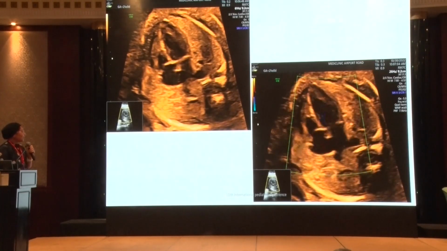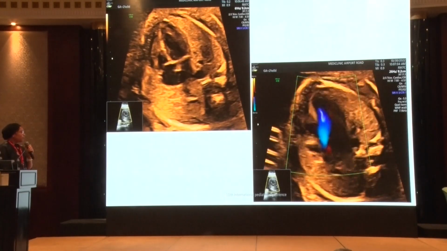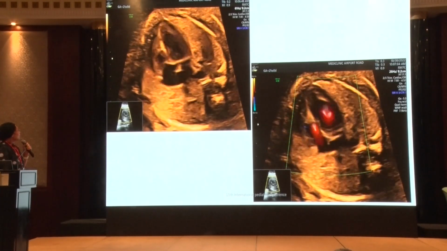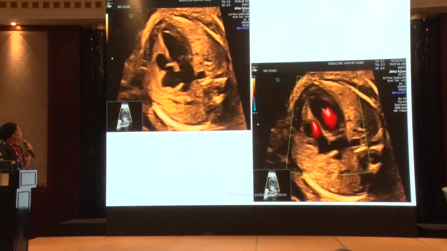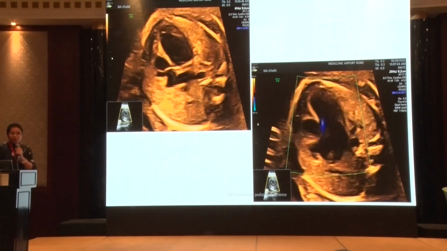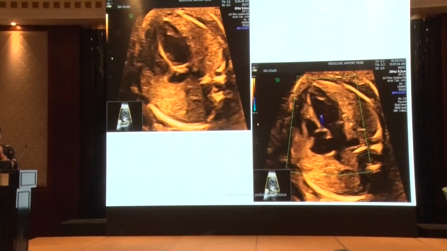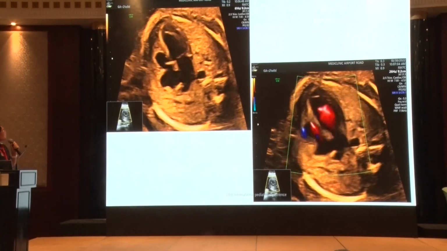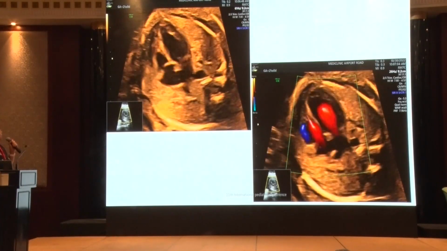Okay, now as Dr. Faiza is asking, that's the inflow that is showing us red and blue. That's the 4-chamber. Now can we comment if it is normal or abnormal? This is one rib only.